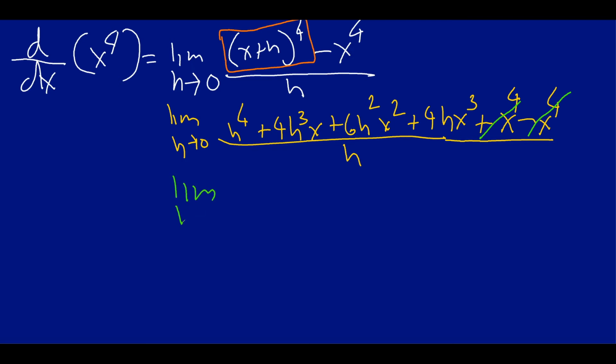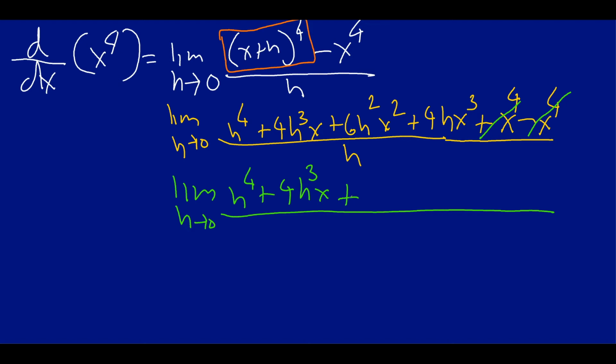Limit of h approaching 0 of h to the fourth plus 4h to the third x plus 6h squared x squared plus 4hx to the third, all this over h.